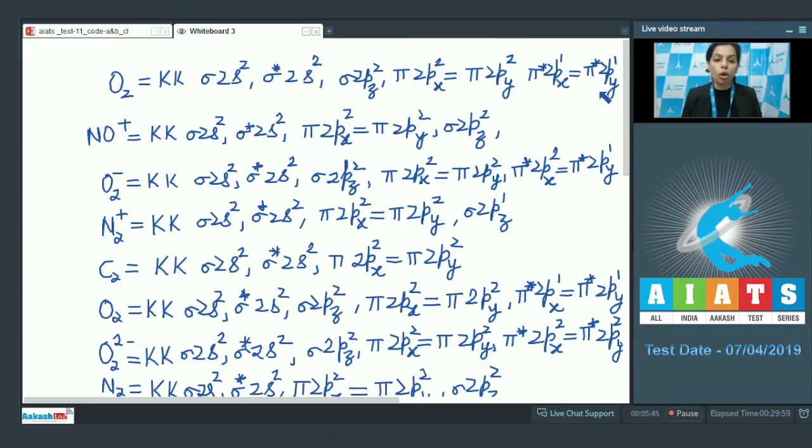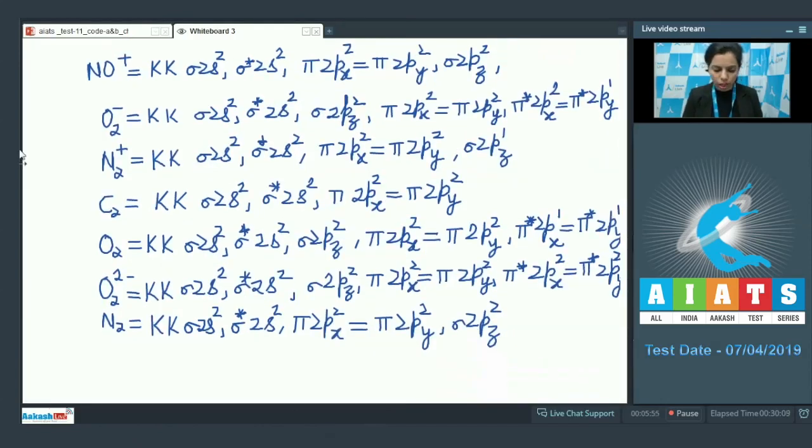But if the atomic number is 14 or less, then we follow the configuration of nitrogen, N2, which I also have for you. First shell filled: sigma 1s2, sigma antibonding 1s2, already filled in the form of KK. Further, sigma 2s2, sigma antibonding 2s2. After that, the turn for pi 2px2, then pi 2py2, and then sigma 2pz with 2 electrons.